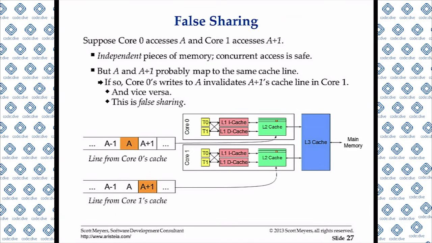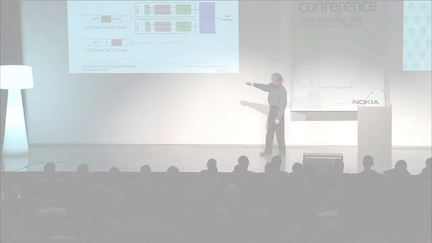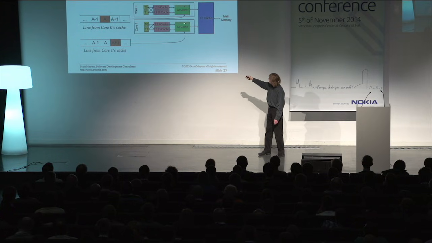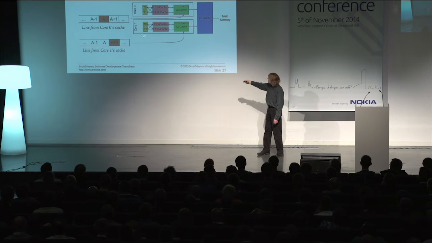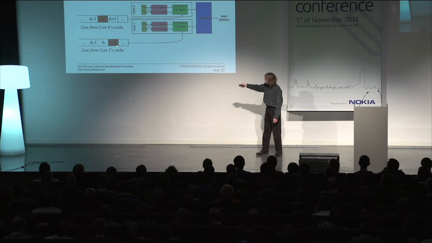And remember, cache lines are the currency that is exchanged between main memory and the caching system. So let us suppose that here's core 0, it happens to have this cache line in it, and it's accessing address A on that cache line. Here is core 1, it happens to have a copy of the same cache line here, it's only accessing A plus 1.